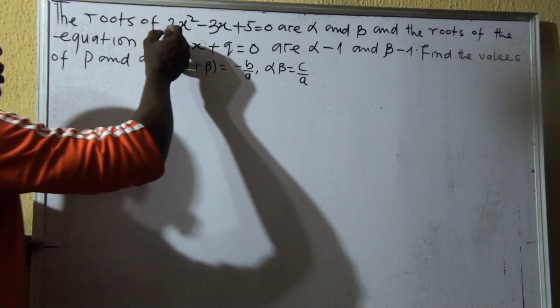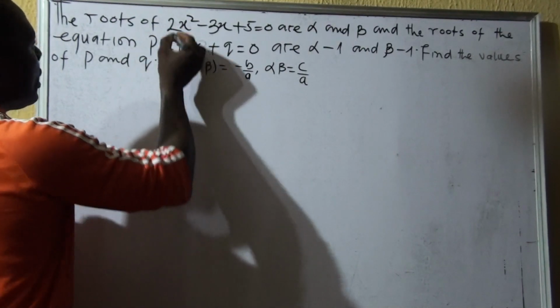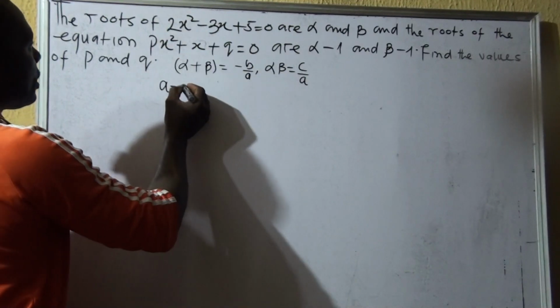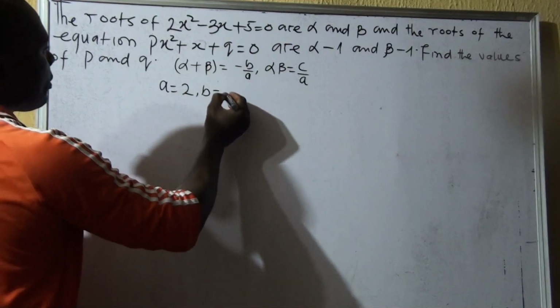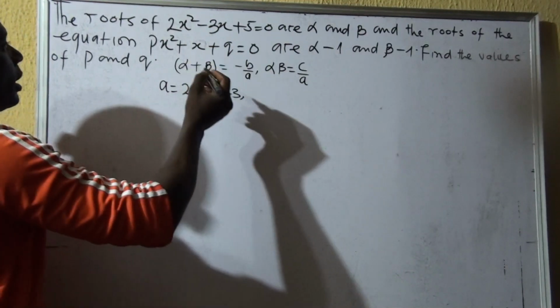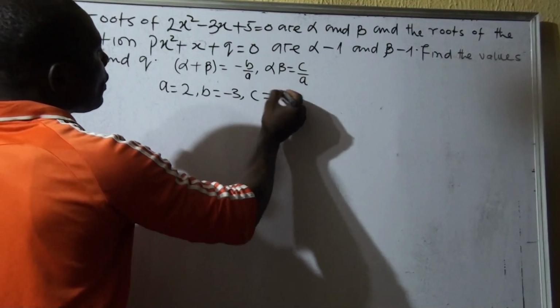From the first equation, a is the coefficient of x squared, which is 2, while b is the coefficient of x, which is minus 3, and c is the constant term, which is 5.